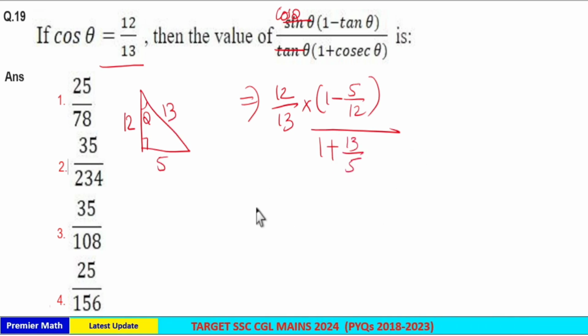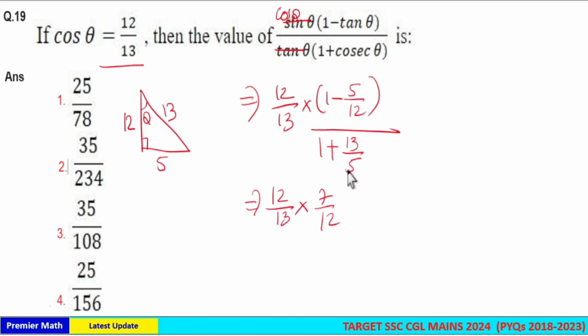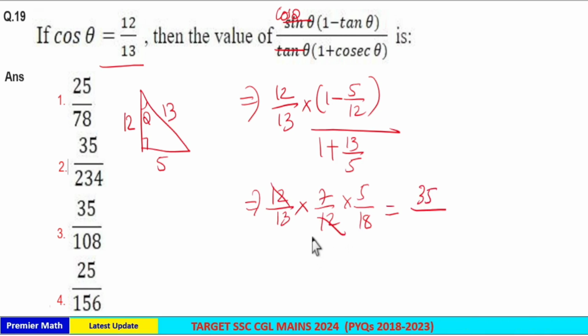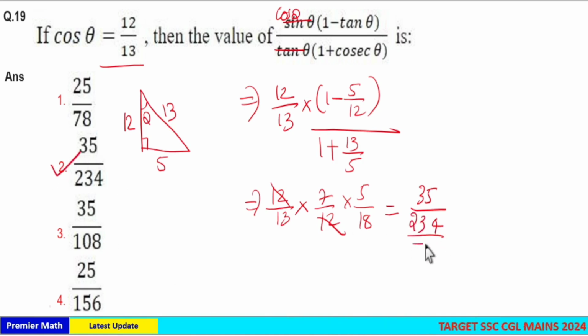Now this is equal to 12 by 13 into 1 minus 5 by 12, meaning 12 minus 5 is 7, so 7 by 12. In the denominator you have 13 plus 5, 18 by 5, so this will become 5 by 18. Now 12 cancels. 7 into 5 is 35. And in the denominator you have 18 into 13, 234, with 4 as the unit digit. If you check, option 2 is your answer, 35 by 234.